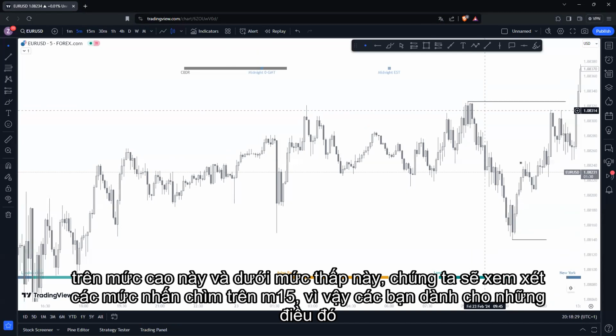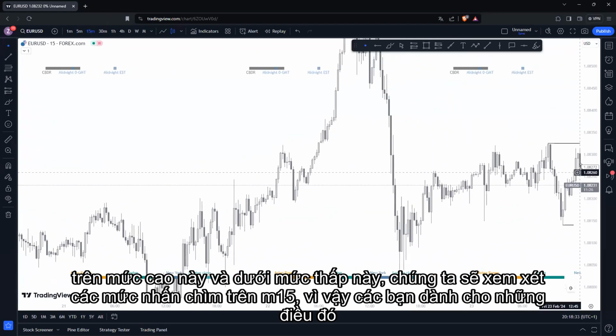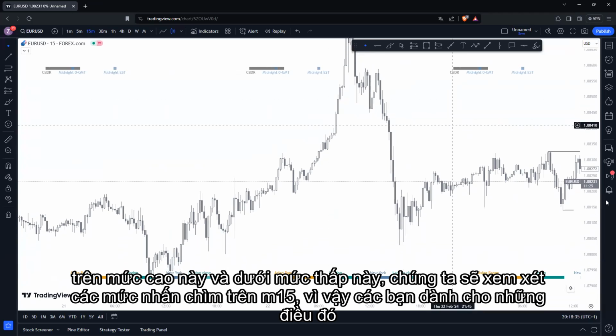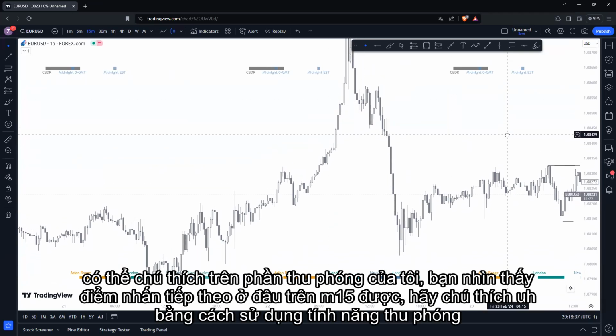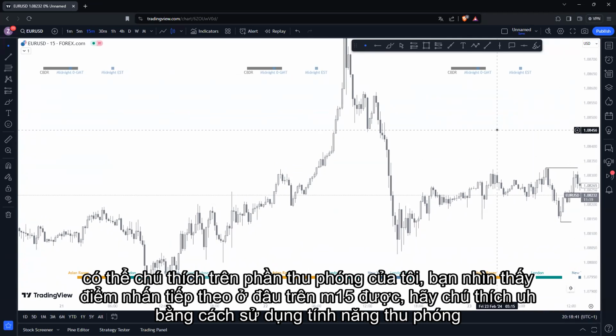So above this high and below this low, we're gonna look at engulfs on M15. So guys, for those that can annotate on my Zoom, where do you see the next engulf on M15?